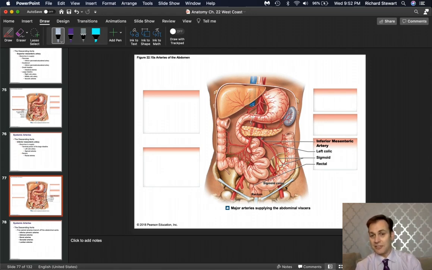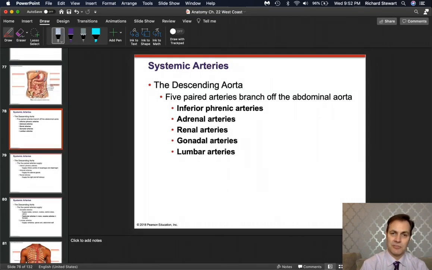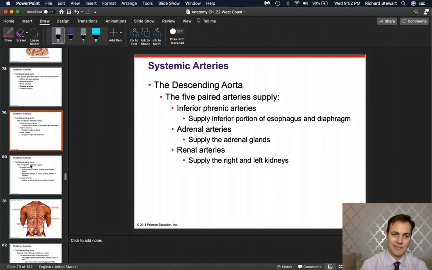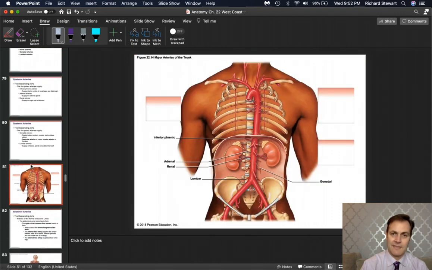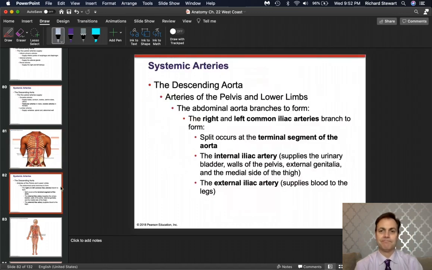Your inferior mesenteric comes from underneath your pancreas. Don't worry about these. Right down to adrenal glands, renal.